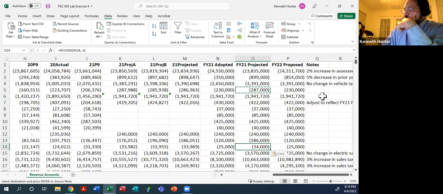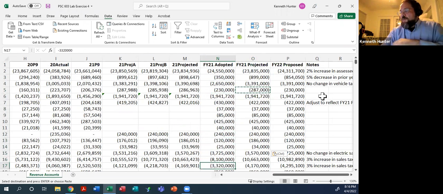And that tells you that. So you can already see I've got some revenues that are below what was adopted, like in property tax, and then I have some that are greater. And that's kind of how revenues work. Some revenues outperform and some revenues underperform. And the goal is that hopefully it all nets out to where you still collect as much or more than what you anticipated collecting in a given fiscal year.